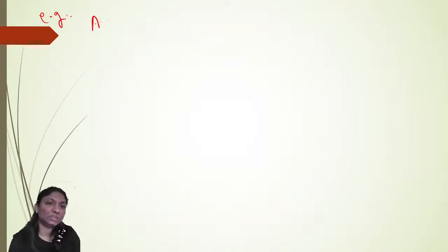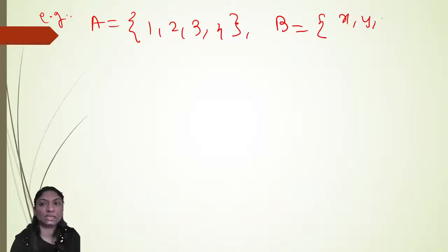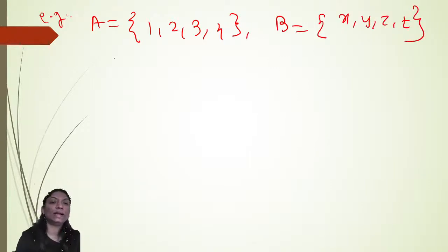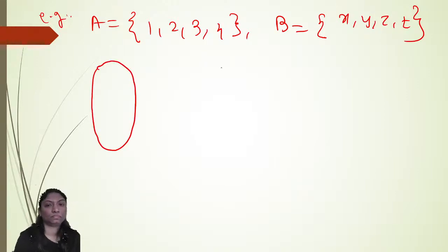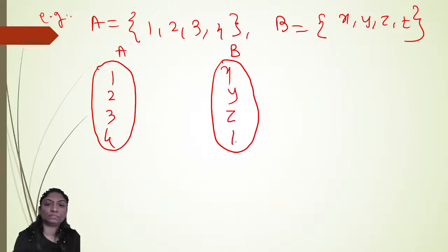Okay, for example, that will be covered with the help of an example. Suppose that A is equal to 1, 2, 3, 4 and B is equal to X, Y, Z, T, right? And F defined from A to B. Here is A, here is B. F defined from A to B, 1, 2, 3, 4. Here is X, Y, Z, T. Right?